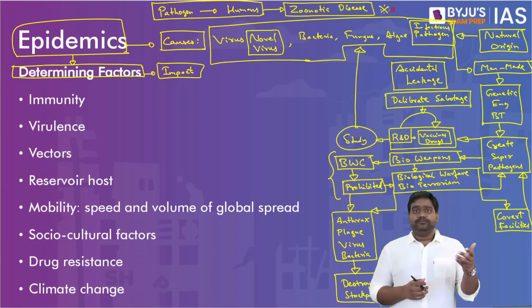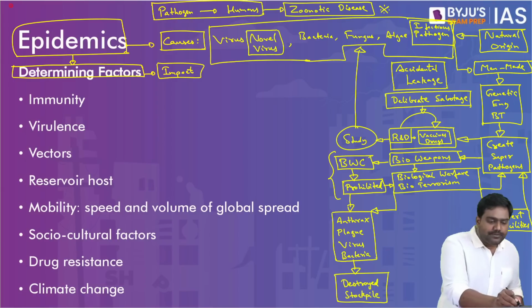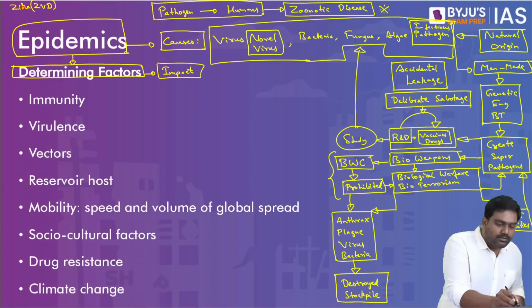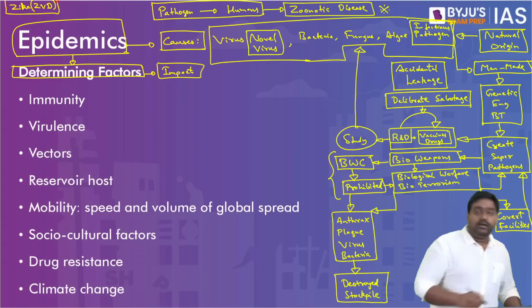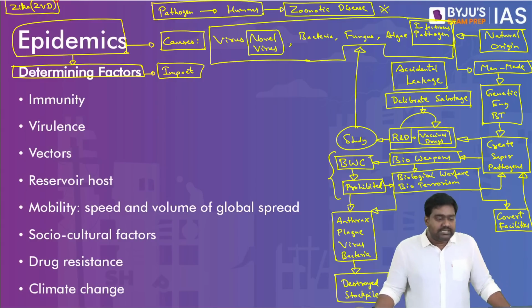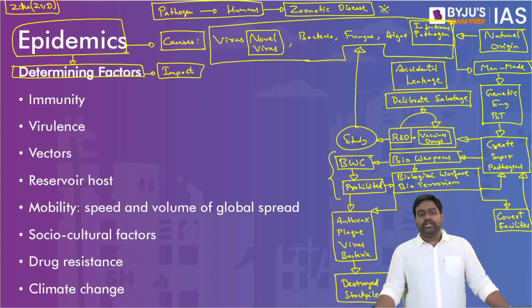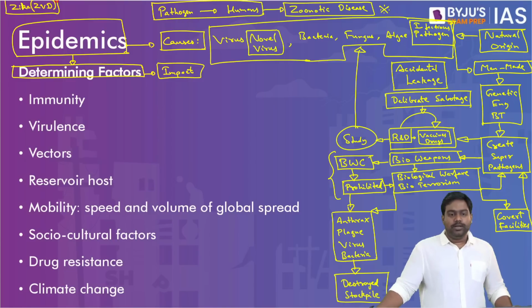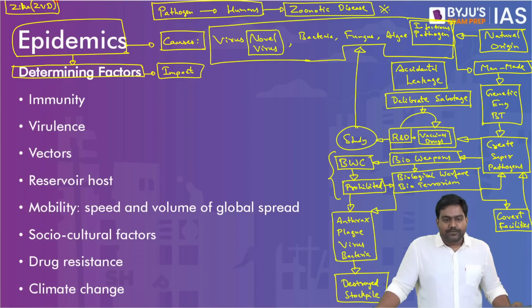We have the Zika virus disease, or ZVD. Zika did cause a lot of concern. It still is a concern in some parts of the world. Do you guys know where Zika broke out and spread? In which part of the world? Zika virus disease became a major concern and epidemic in which part of the world?